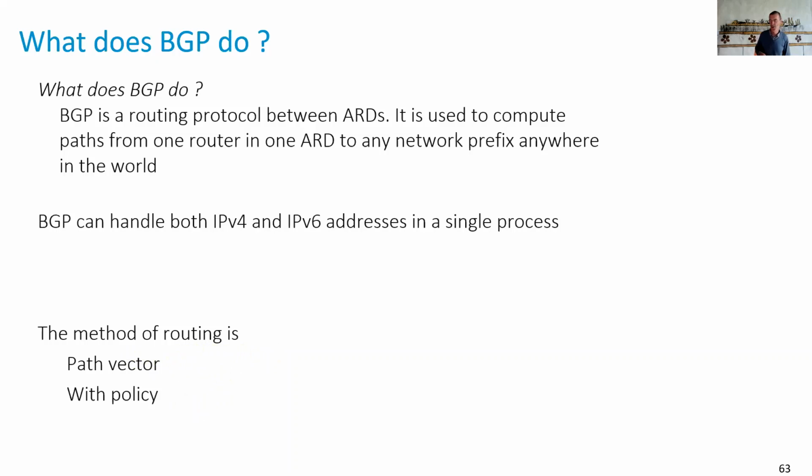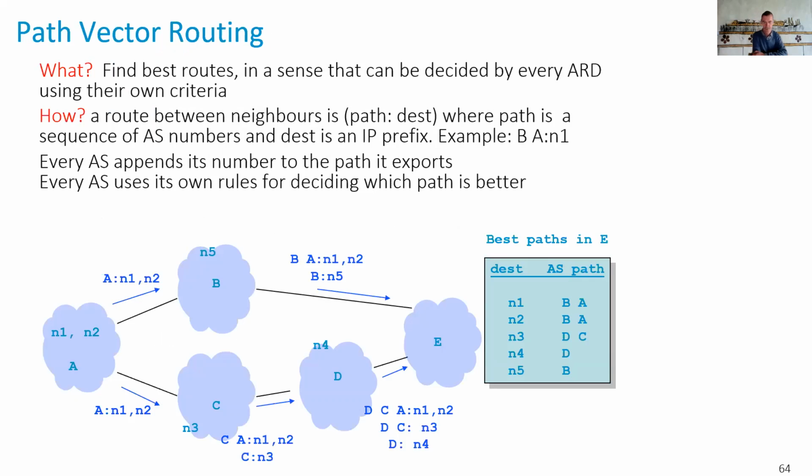And another important aspect that we will see that was not present in OSPF is policy. BGP is based on path vector routing. BGP is not like OSPF, it is not computing shortest path. The reason for that is that since it is for the heterogeneous world, it is too much to ask that everybody would agree on cost.